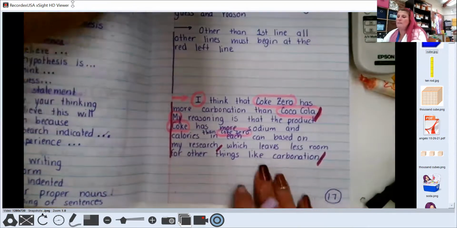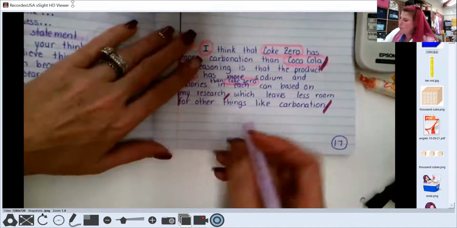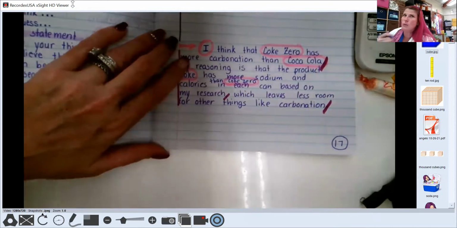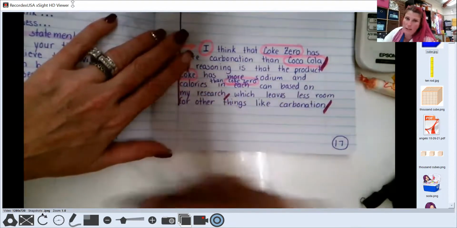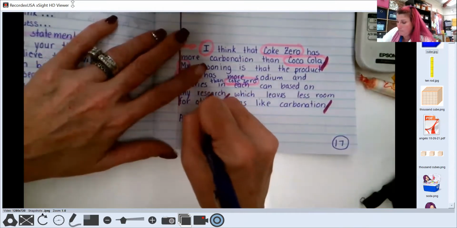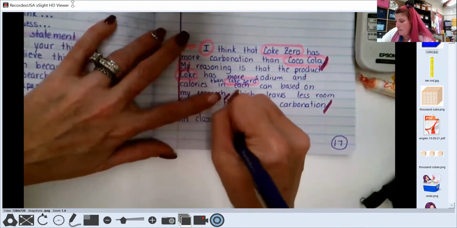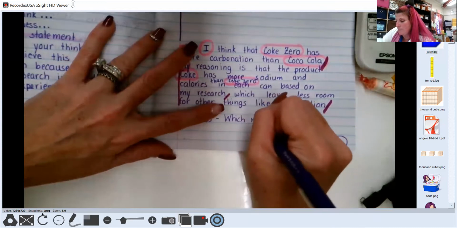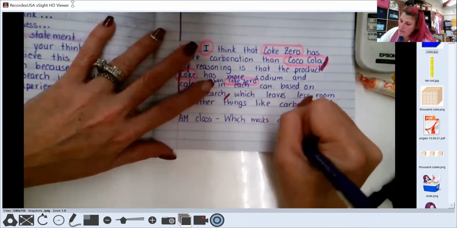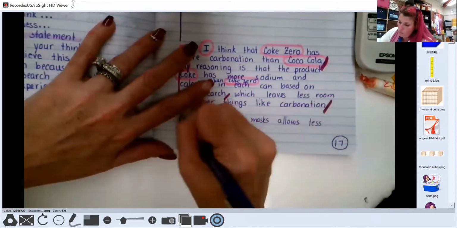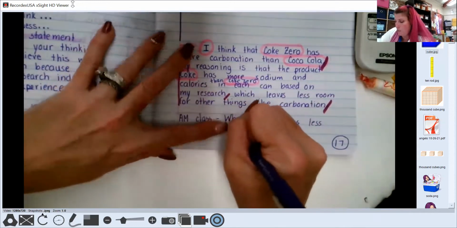Now remember, if you're in my morning class, you are doing your hypothesis on which mask will allow water to get through or not get through. So AM class: which mask allows less water through?